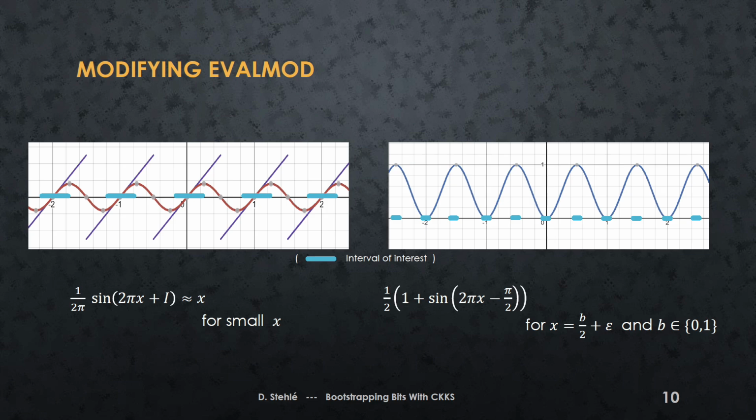Okay? So as you can see, the red curve on the left and the blue curve on the right are both trigonometric functions. And it turns out that the blue one is just a shifted, scaled version of the red one. But we are interested in the blue one only for x's that are of the form b over 2 plus epsilon for a bit b, for b equals 0 or 1.